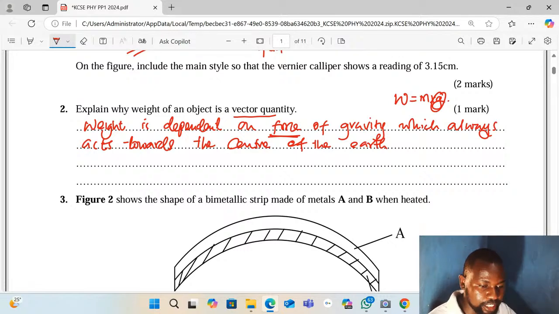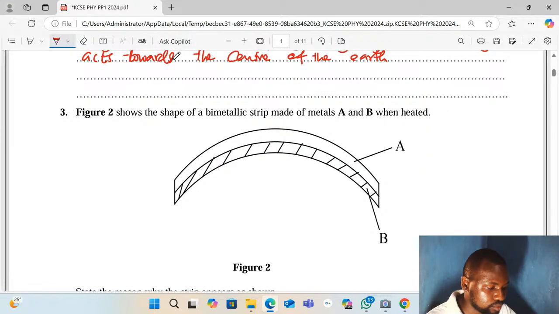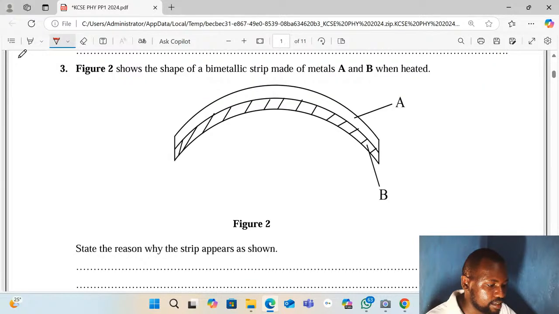We have question 3, and it reads, the figure 2 shows a shape of a bimetallic strip made of metals A and B when heated.